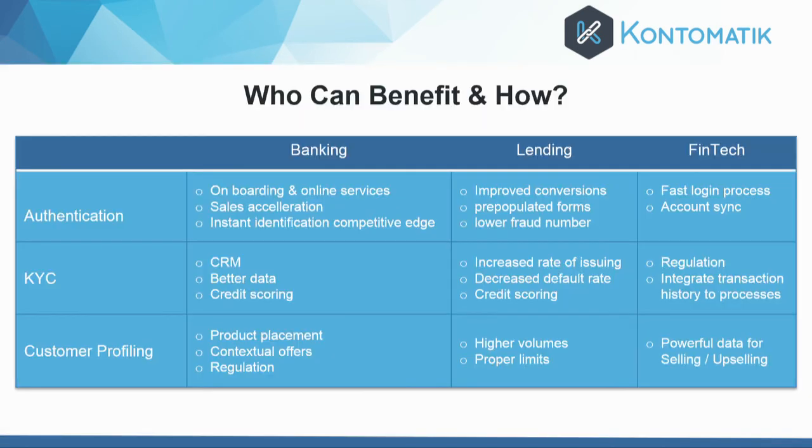Above would not be the average. Now, let's go further. Who is the one calling us? Banking, lending, and fintech. On fintech, there are a lot of possibilities, covering an application, a service, a platform. It could be brokering, it could be asset management. There are a lot of requests across them. But the value they take out of us is authentication, know your customer, and customer profiling.